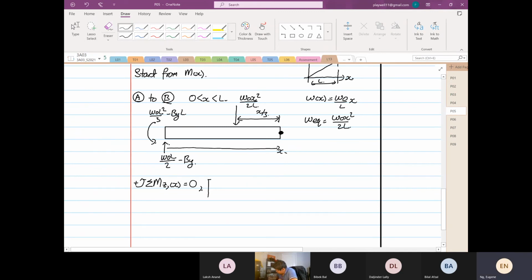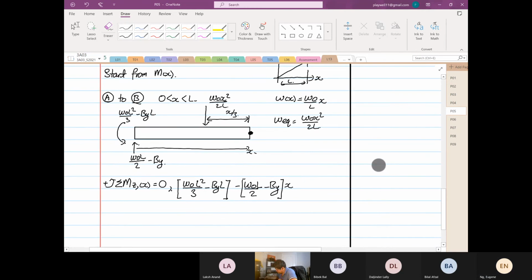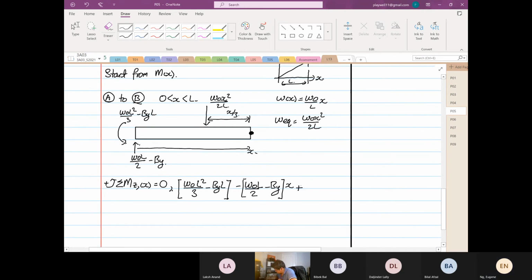The first term is omega naught L squared over 3 minus BY L. Then minus omega naught L over 2 minus BY multiplied by X. Then plus omega naught X squared over 2L multiplied by X over 3.